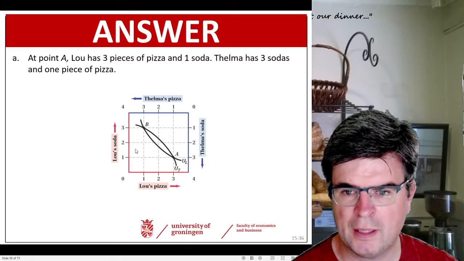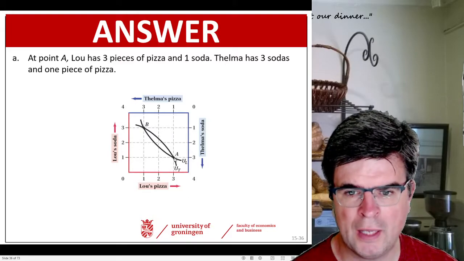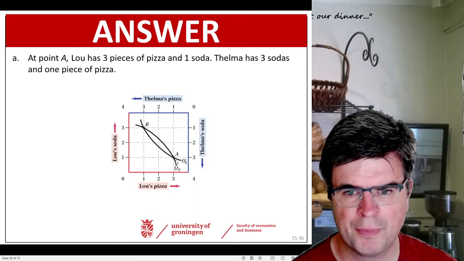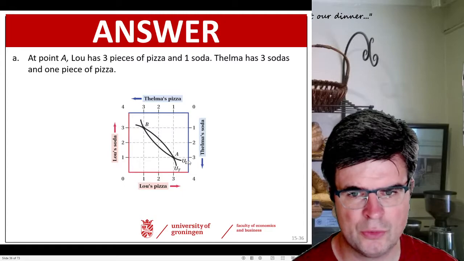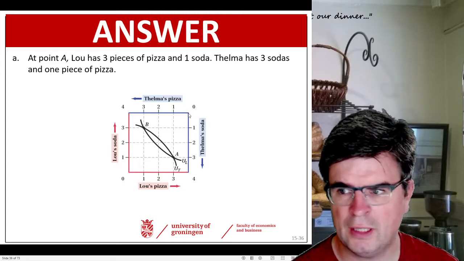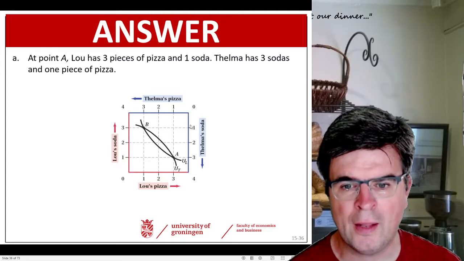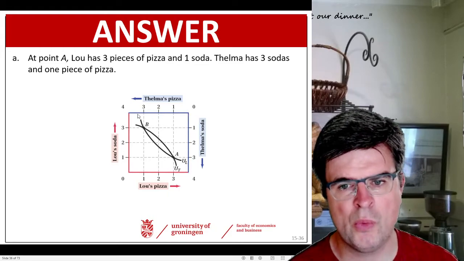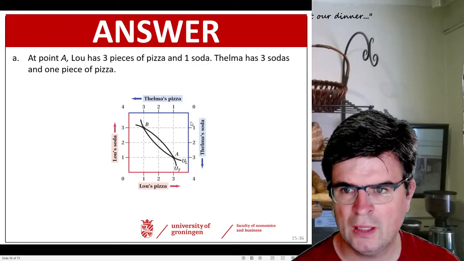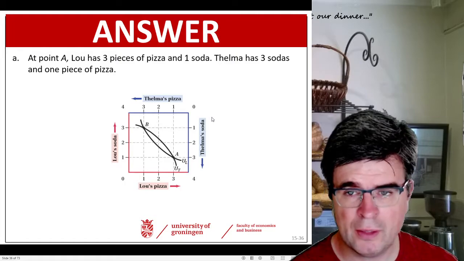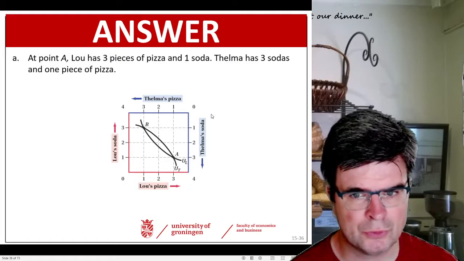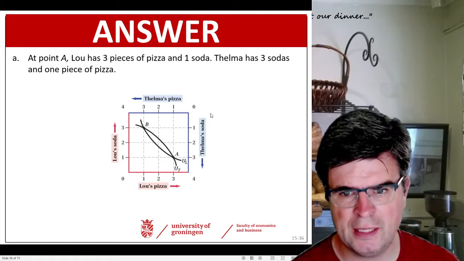And at the same time, at this allocation, Thelma has 1 pizza and 3 sodas. To that end, you should take the origin here as the top right corner and then follow the blue axis. Now, once you know how to read an attribute box, you can also solve question B and C.